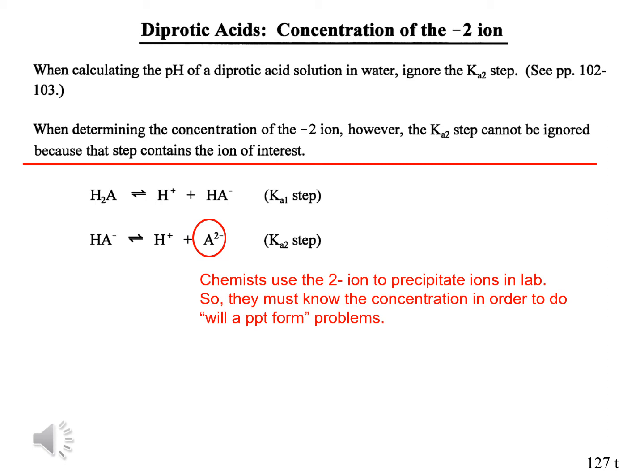Because as I'm going to show you, it's very easy to manipulate the concentration of the A2- so that you can make it anything you want for the purpose of precipitating. The thing is, you have to know the concentration of this ion if you want to do will-it-precipitate-form problems, because you have to plug in the number in the Q value.